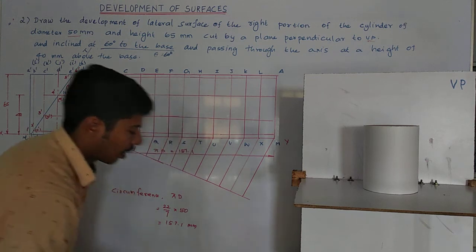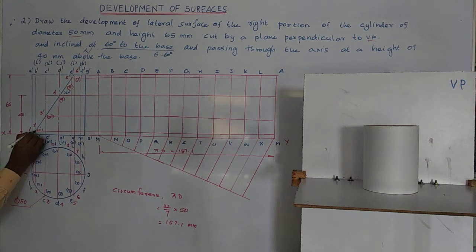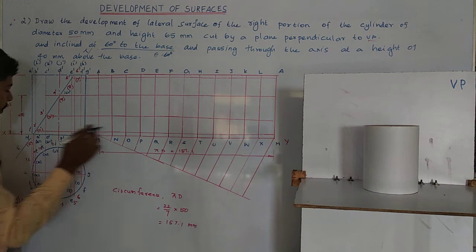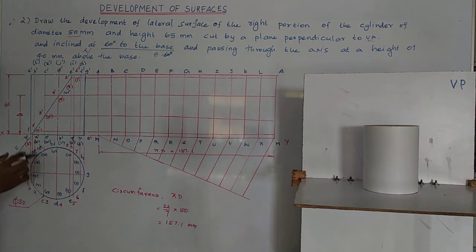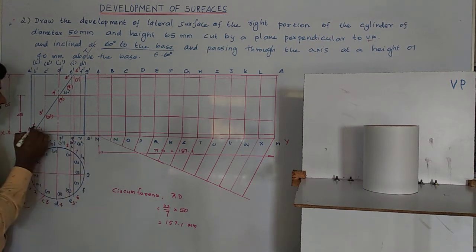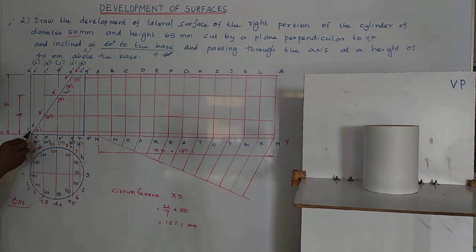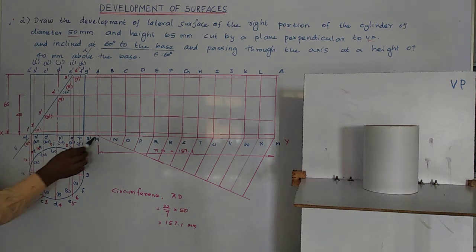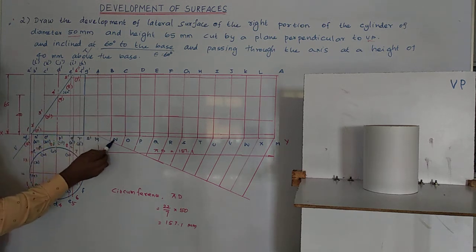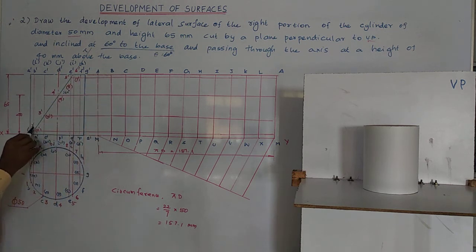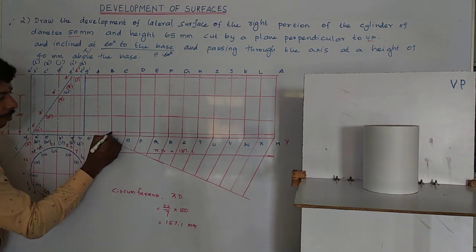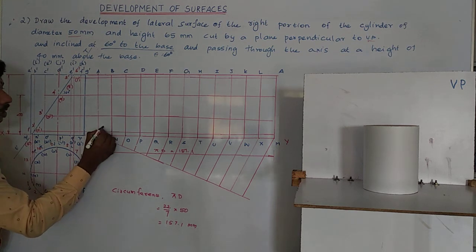Then mark the points. So here this projector is from 2 and 11, isn't it? This line is from 2 dash and 2 and 11. And 2 is the point in this edge. This edge means what? NB. So 2 is the point in NB. So I mark this. This is 2.